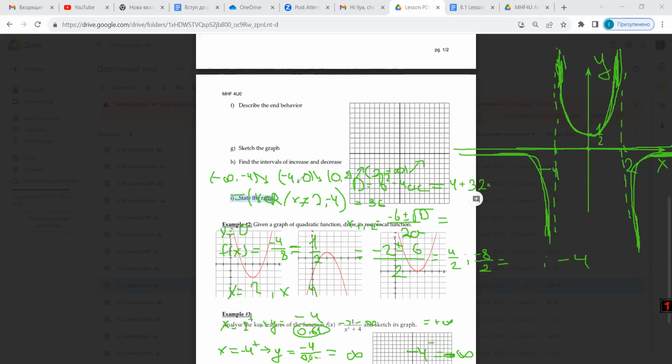So the first two intervals decreasing, then the second two intervals increasing.